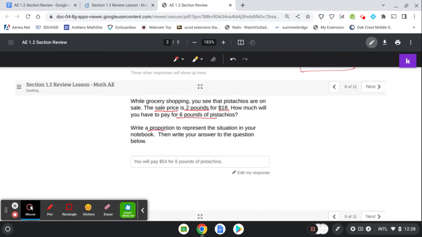So again, you're going to write a proportion to represent the situation. So it's $18 for 2 pounds. That's equivalent to how many dollars for 6 pounds?